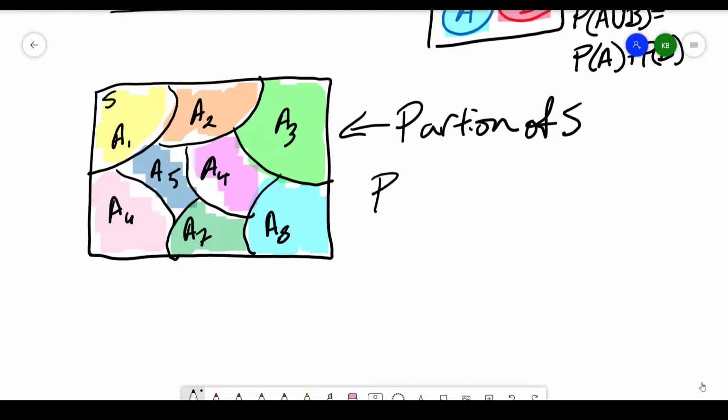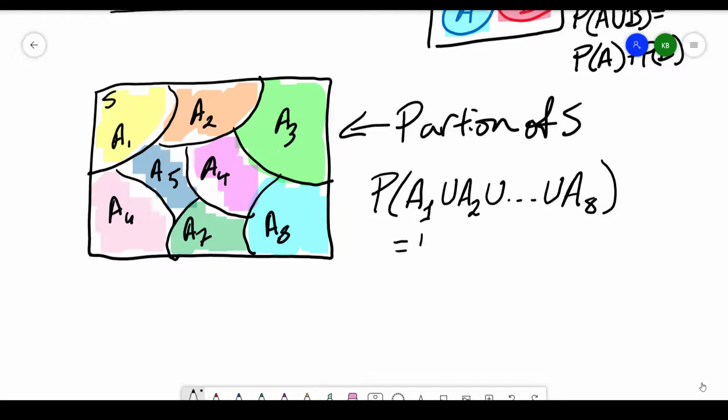So if I look at the probability that an element falls into A1 or A2, and I keep on taking these unions all the way up to A8, then what I've done is I've put together my entire set S, and with the definition of a partition, all of these are mutually exclusive, and so I get to follow that addition that shows up in my definition.